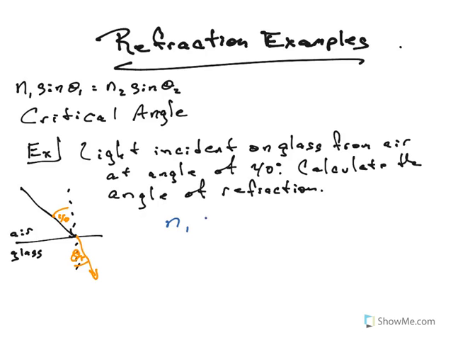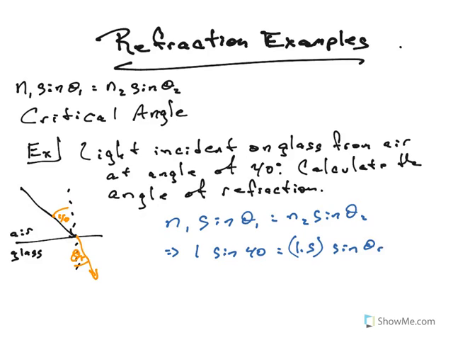So we use Snell's law, n1 sine theta 1 is n2 sine theta 2. So we're starting in the air, so n1 is 1. Sine theta 1 is sine of 40 equals, we're now going into glass, so n2 is 1.5 sine theta r, which is what I want.